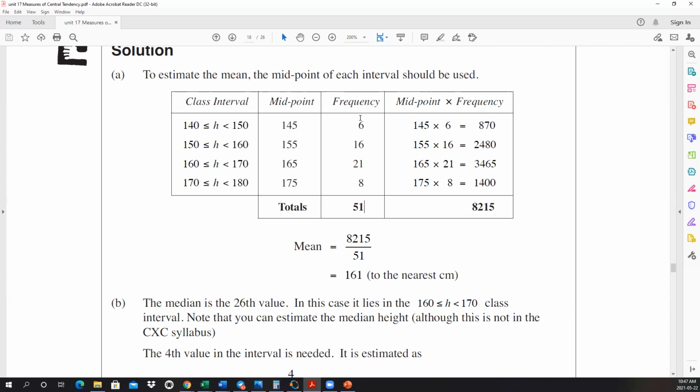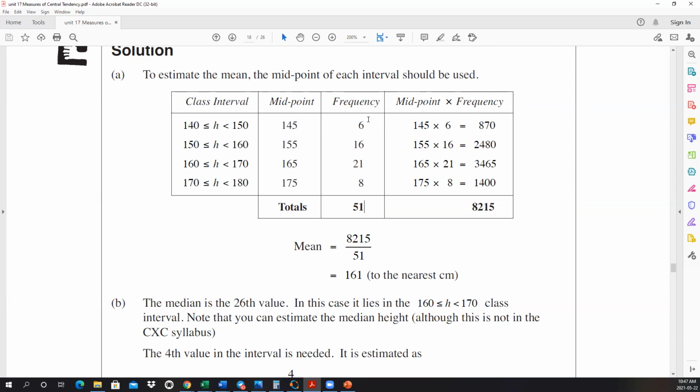So we're not saying literally in the data set 145 appears 6 times. You have data spread out in the interval 140 to 150, but the midpoint would be the representation, like an average of what's in between this interval. So it's like this one point represents the data in between here.